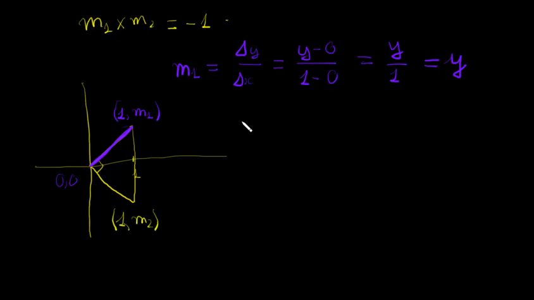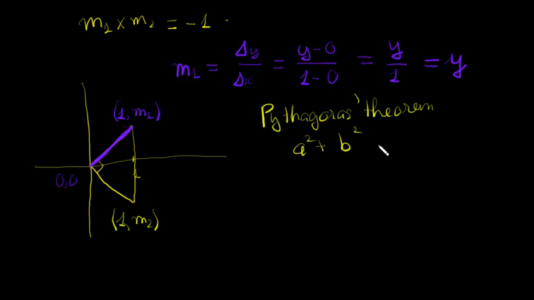We all know that based on the Pythagoras theorem, in a right-angled triangle, a square plus b square equals c square. So here's my a, adjacent edge, here's my b, adjacent edge, and here's the hypotenuse c, right? First I want to find a and b.